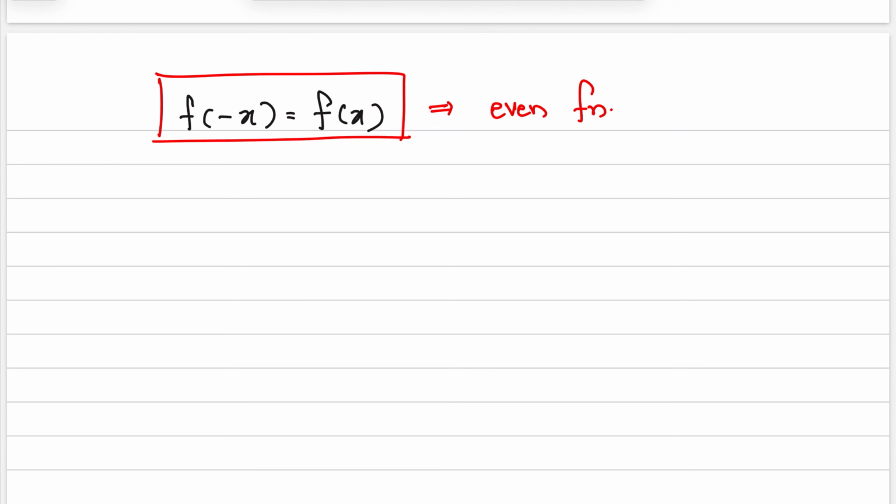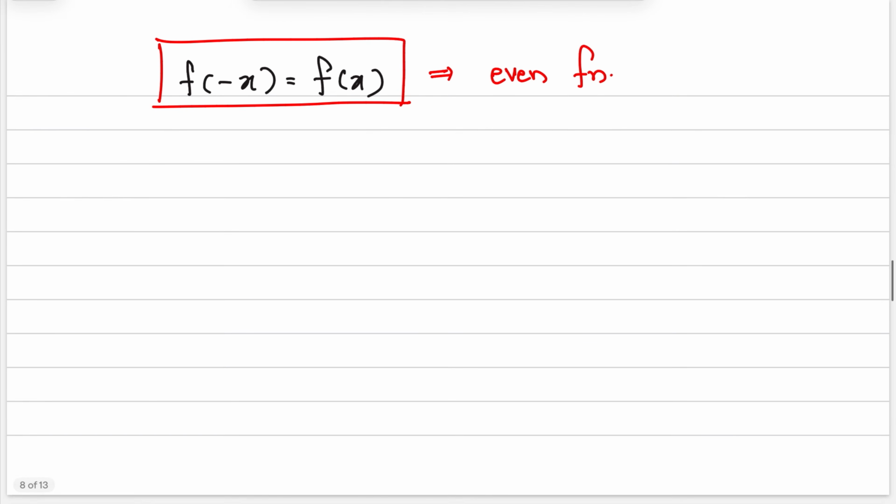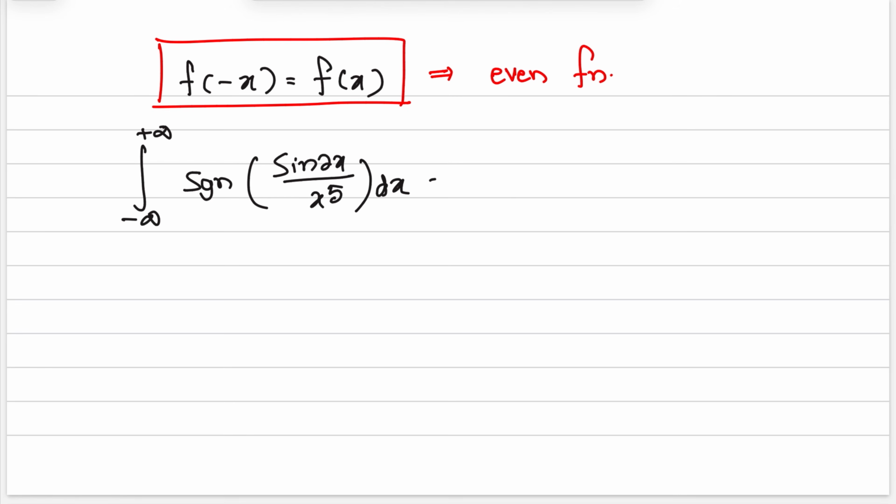If something is an even function, then I can apply the definite integral rule. So the integral from minus infinity to plus infinity of signum sin 2x by x to the power of 5 dx is equal to 2 into the integral from 0 to infinity of signum sin 2x by x to the power of 5 dx.